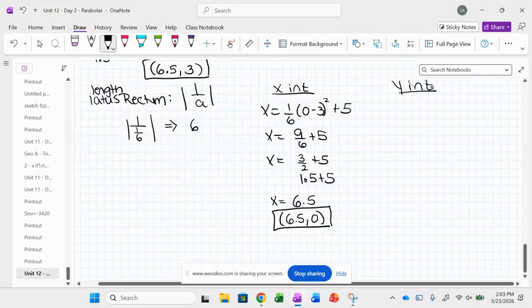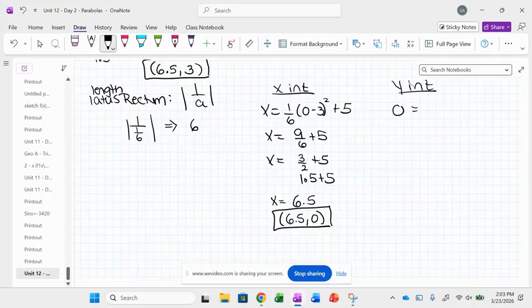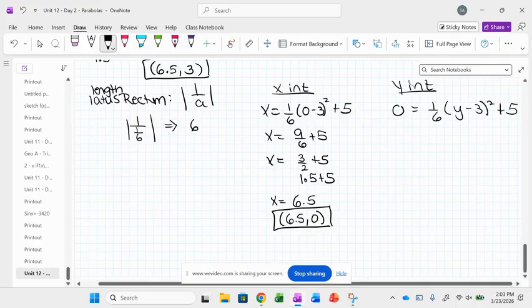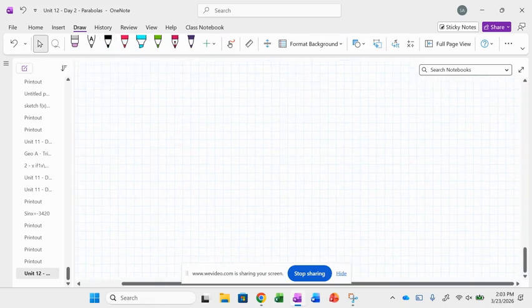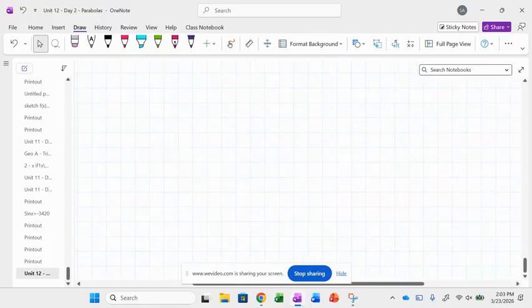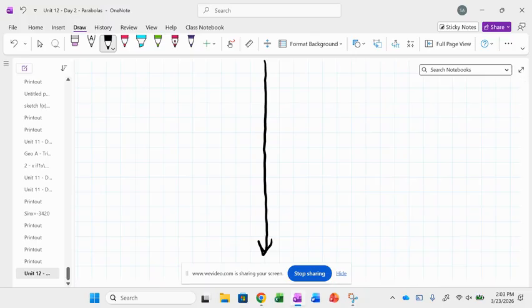Y-intercept, plug in 0 for x. What's going to happen here once again? No y-intercept, because it's going to be an imaginary number. All right, I think we have everything we need to graph. And we need to remember, how is this going to look? Sideways.